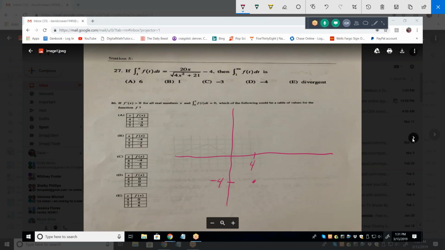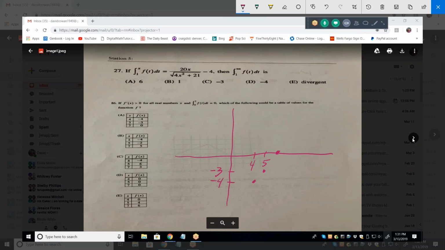At x equals 5, we are at minus 3. And at x equals 7, we are at 0. So we have those 3 points.